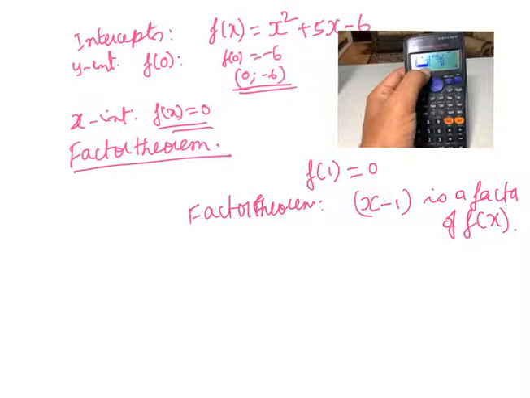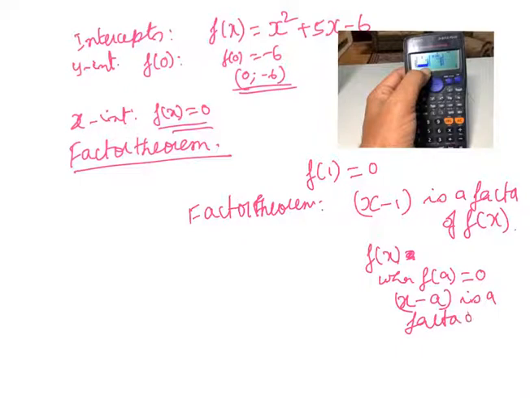So this is called the factor theorem. That is, if f of x is a function, then when f of a is equal to 0, then x minus a is a factor of f of x.